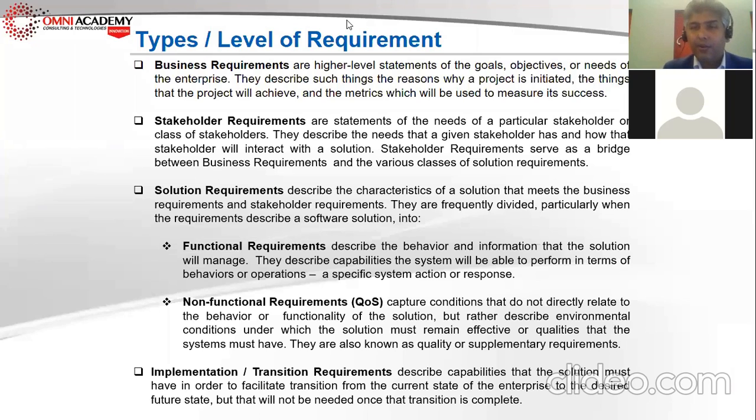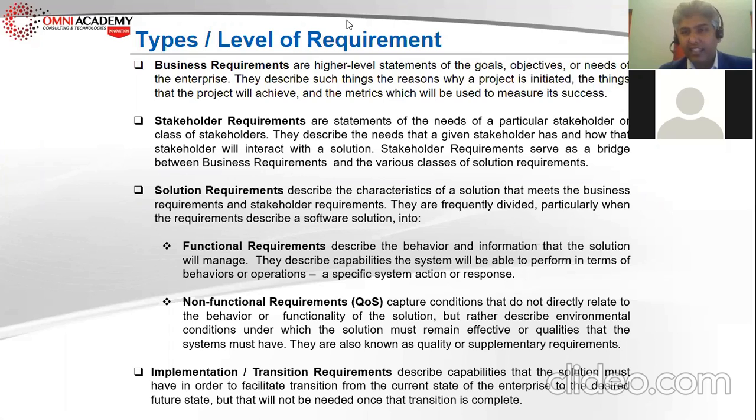And then based on the stakeholder requirement, you drill down to reach the solution requirement. If they say they need a certain automated process or certain screens or certain reports, then you drill down on those to find the solution requirements. The solution requirements consist of two major requirements: functional requirement and non-functional requirement.